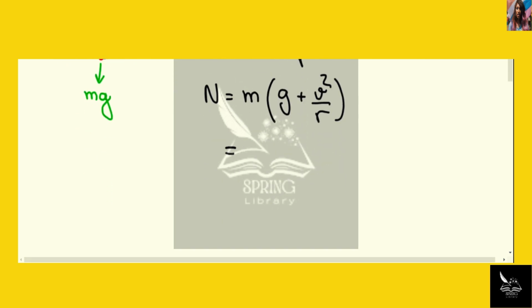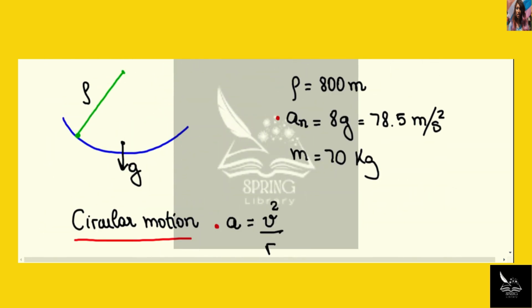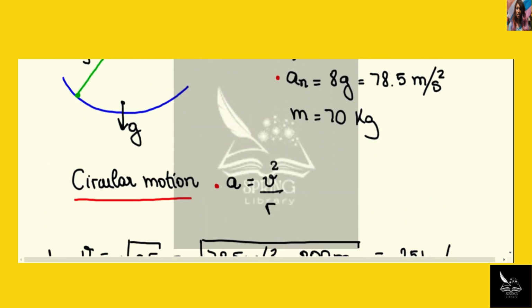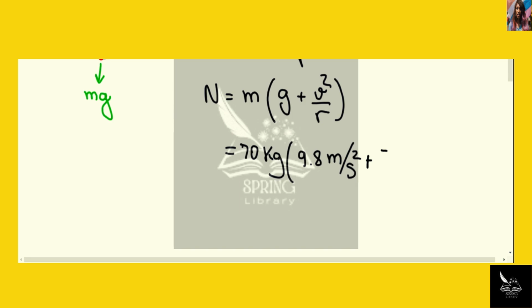So m is 70 kilograms. g is 9.8 meters per second squared. And v squared over r is the acceleration that we were given, that's 78.5 meters per second squared.